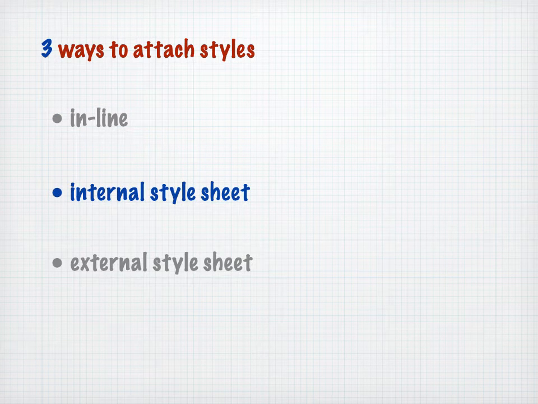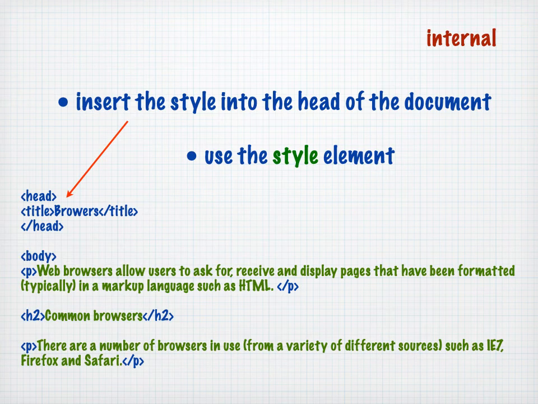So this is an internal style sheet. And what this is all about is inserting the style at the head of the document. So our HTML document will have HTML in it, and it will also have CSS in it, but the CSS will be at the top of the document, and we place it inside the head.